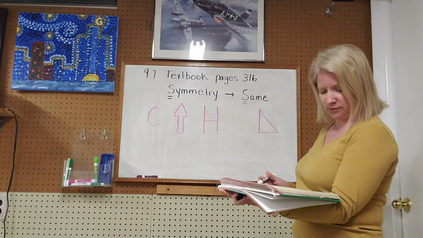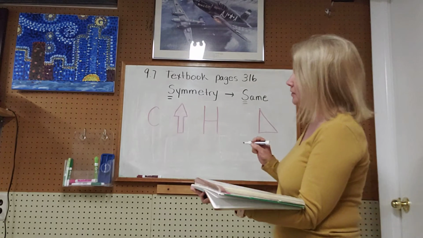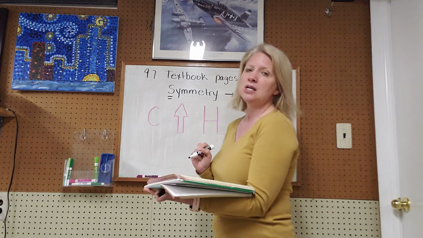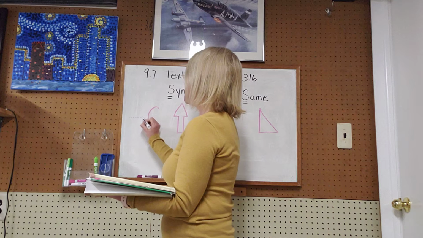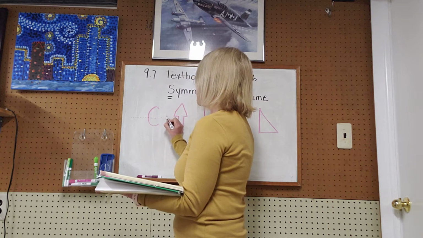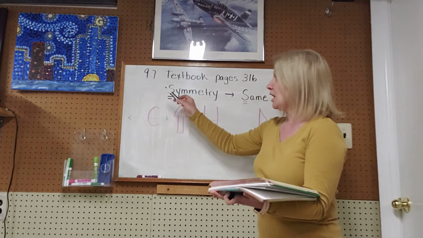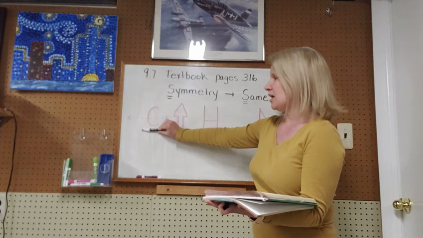So let's look at a couple of these. At the beginning of your work on page 316, at the top of the textbook page, it has a letter C and an arrow. They had put a dashed line, or a line of symmetry, approximately right there through the C. And you want to look on this side of this line and on the other side of the line.